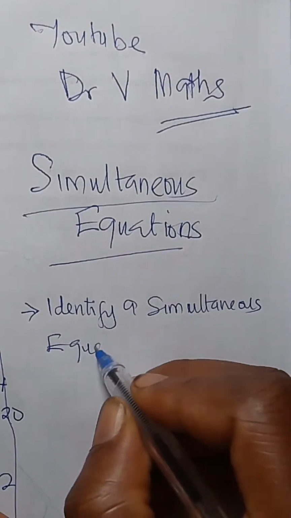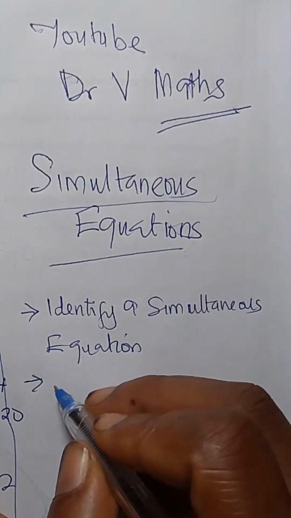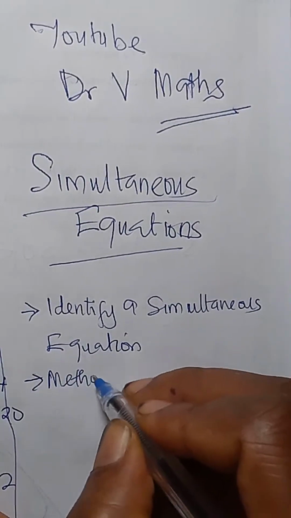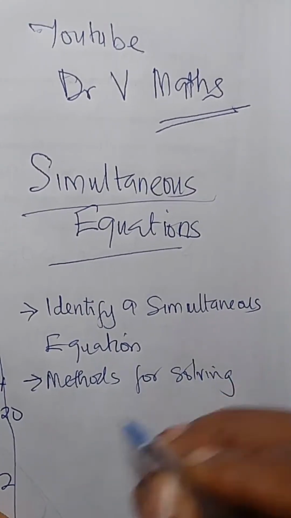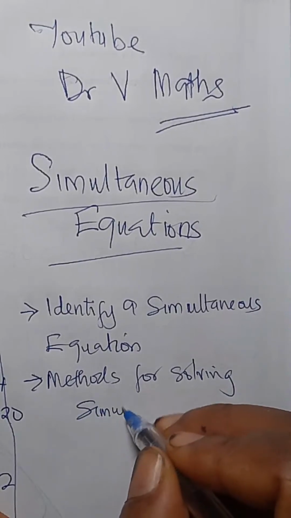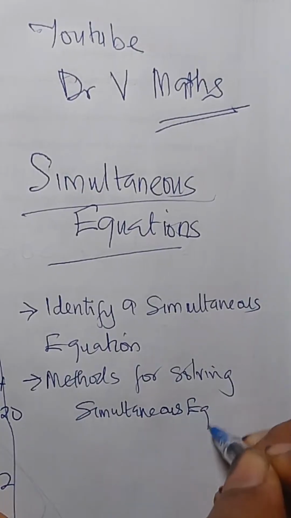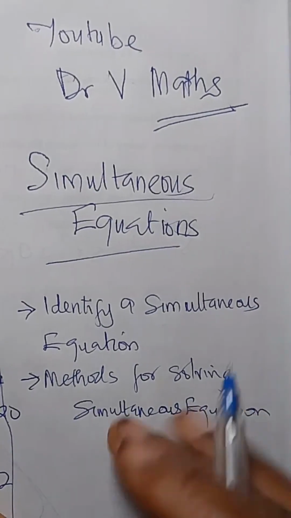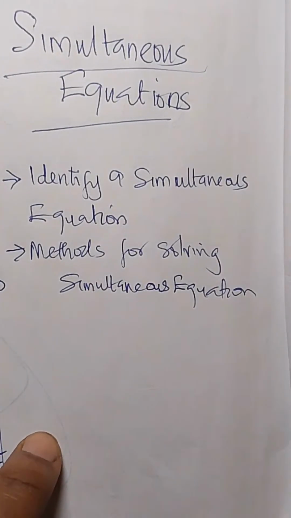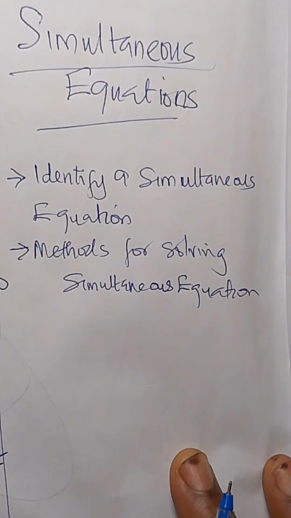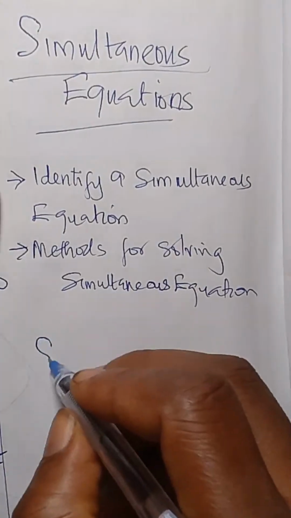And you should be able to know methods for solving simultaneous equation. And you should be able to use these methods to solve as many math challenges as possible, all right? So that is our aim. Now we start by talking about simultaneous equation.